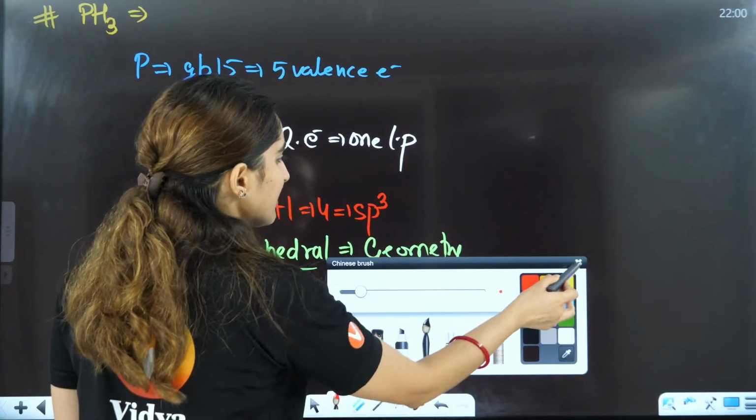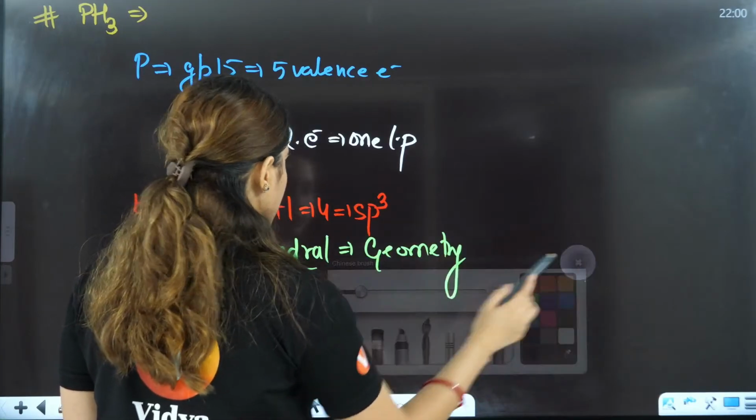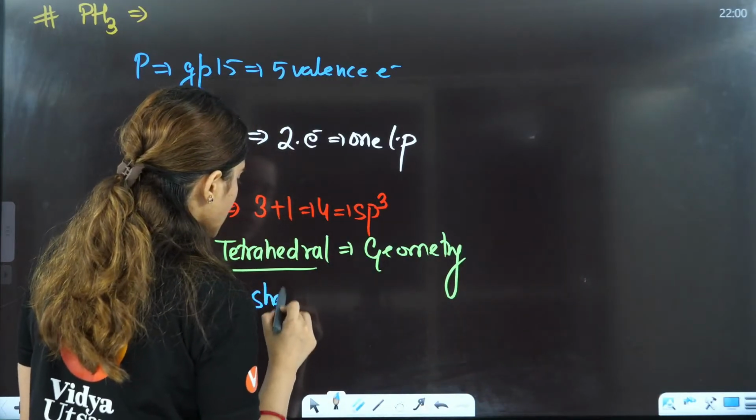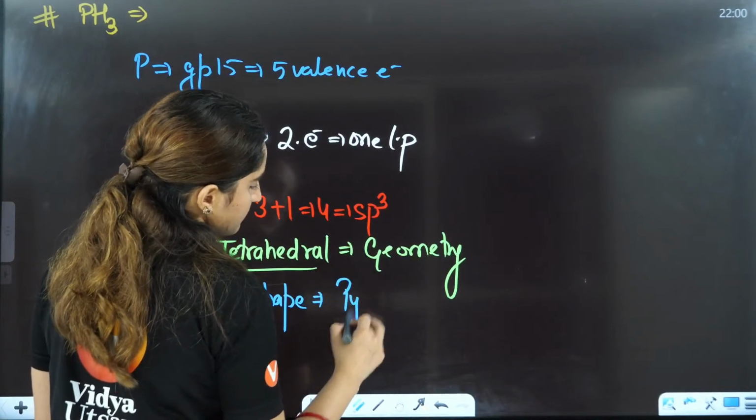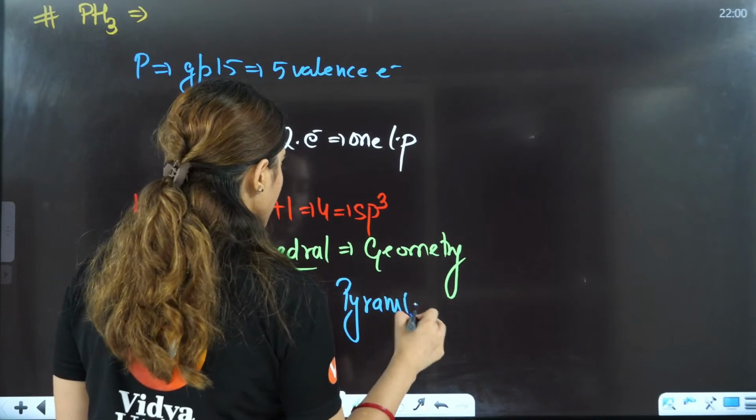It is like NH3 only, right? The shape is going to be pyramidal.